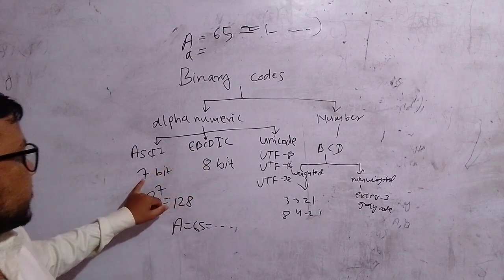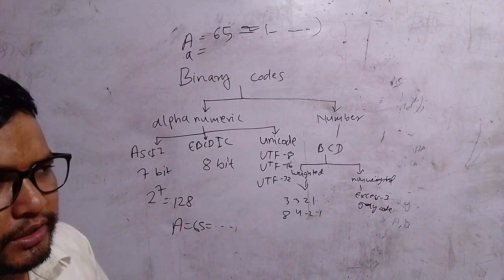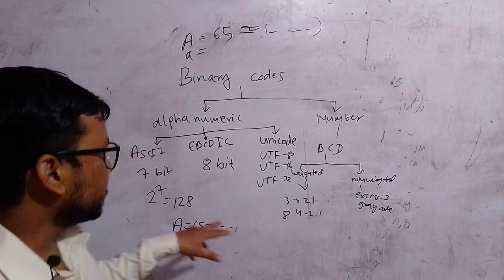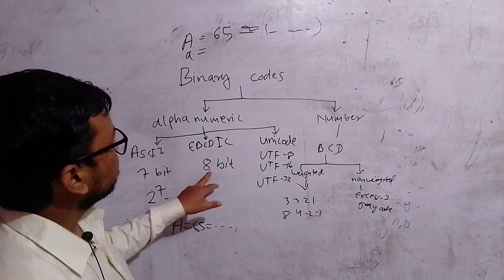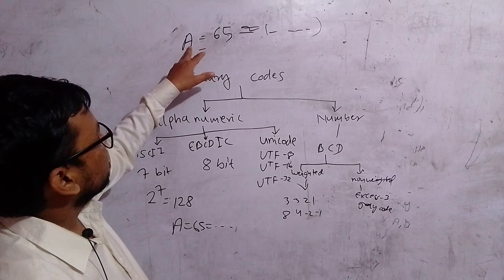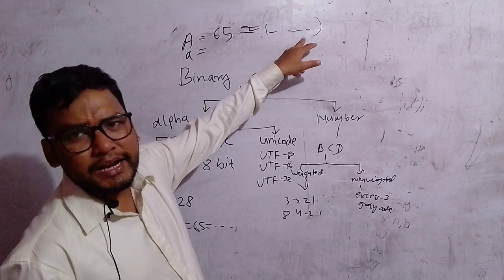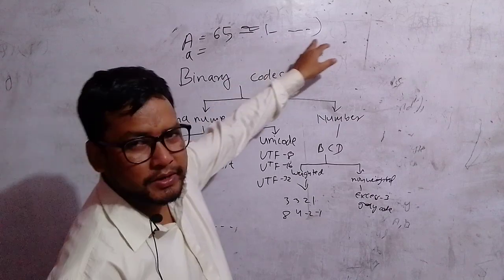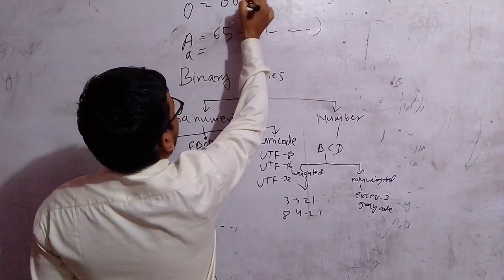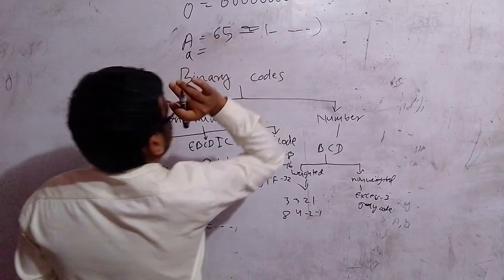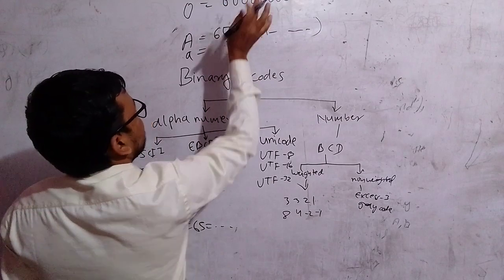Instead of 7 bits, this format used 8 bits to represent each symbol. Each alphanumeric symbol is represented by 8 bits. It works the same way. For example, if A is represented by 65, its equivalent 8-bit binary number, not 7-bit, is used to represent A. In ASCII it is 7-bit, but in EBCDIC 8-bit.